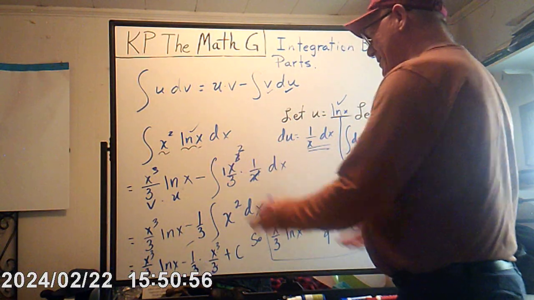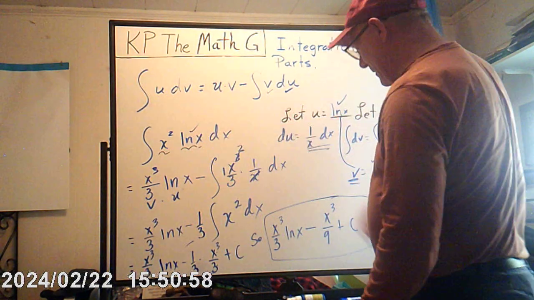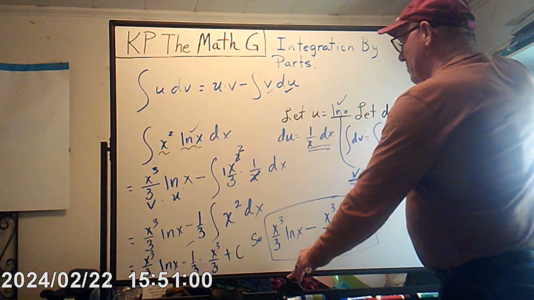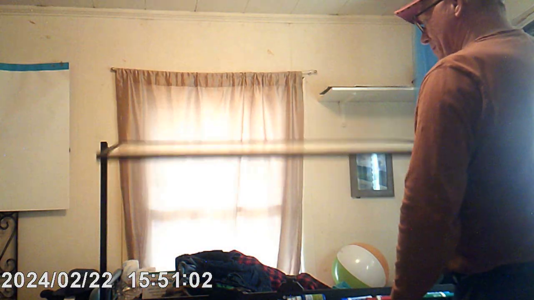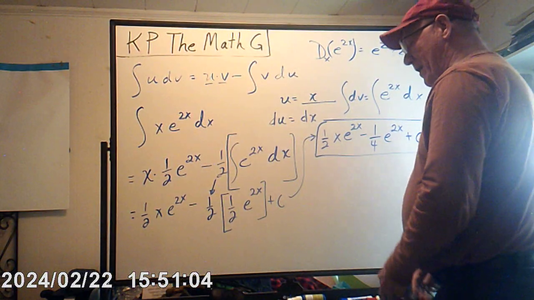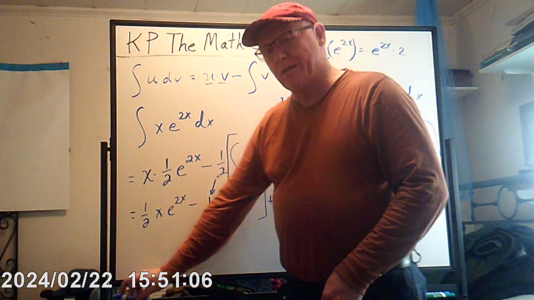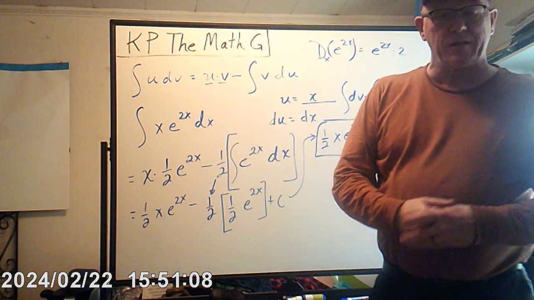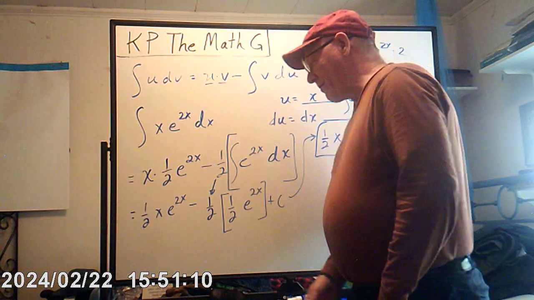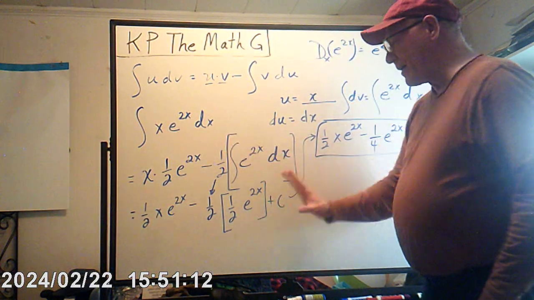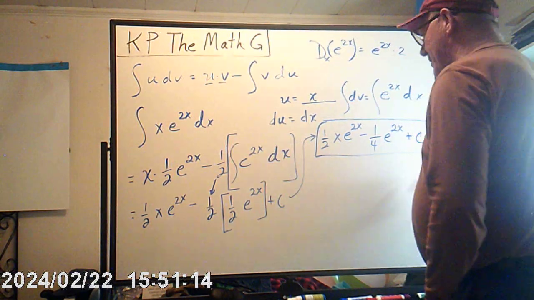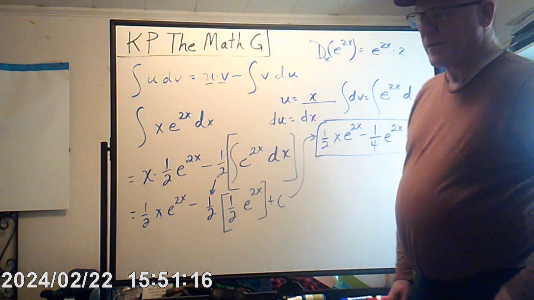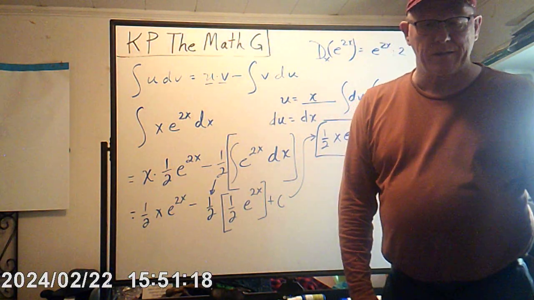So this is not conducive to the method that I'm about to tell you about. Well, I'm not going to show it to you today. I'll probably show it to you on the next video. It's called the tabular method, and you can use this very quickly to get this answer.